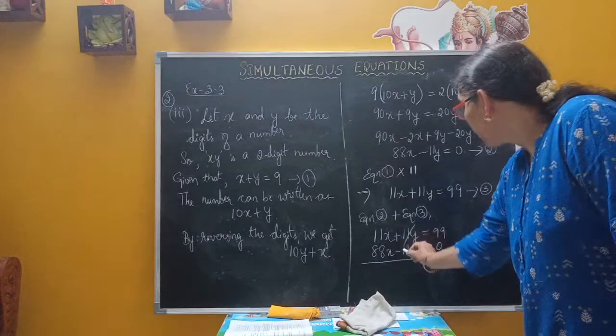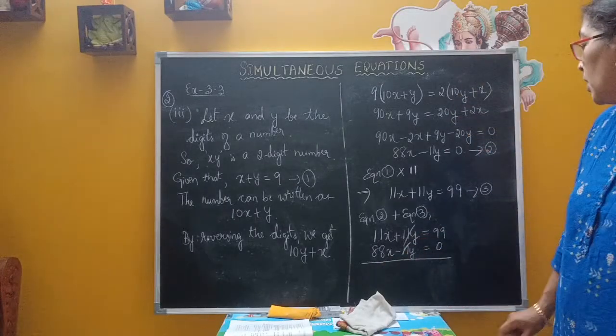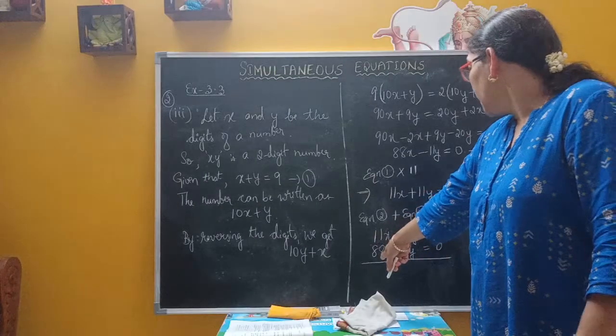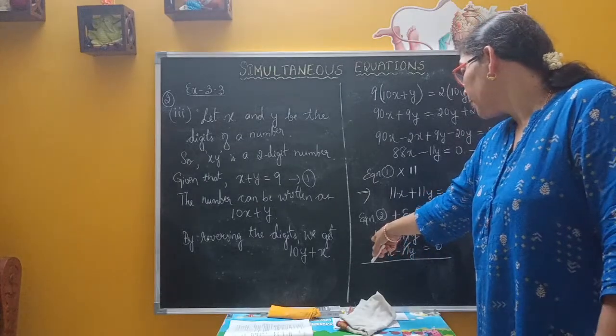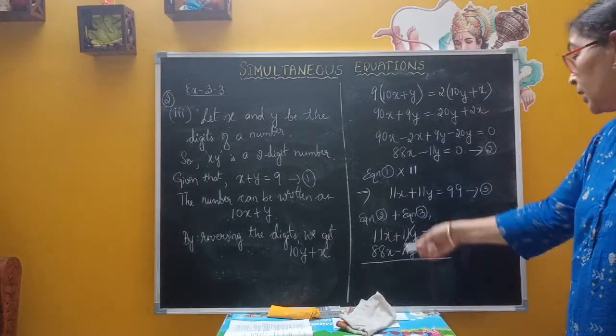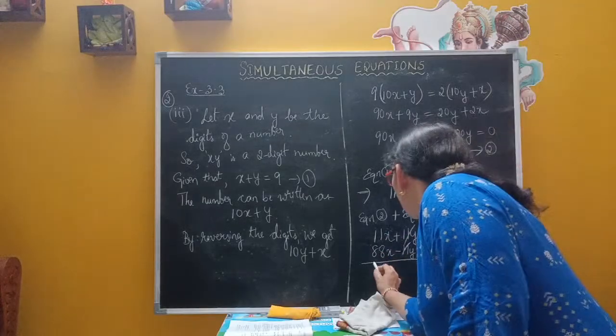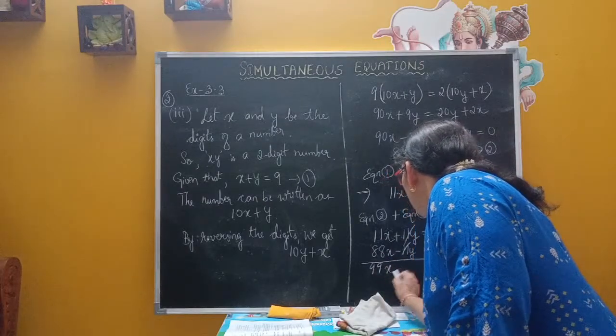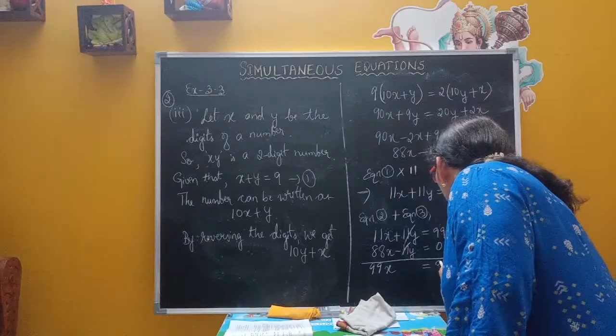Plus 11y minus 11y gets cancelled. Here add them. 88 plus 11 is 99. 99x is equal to 99.